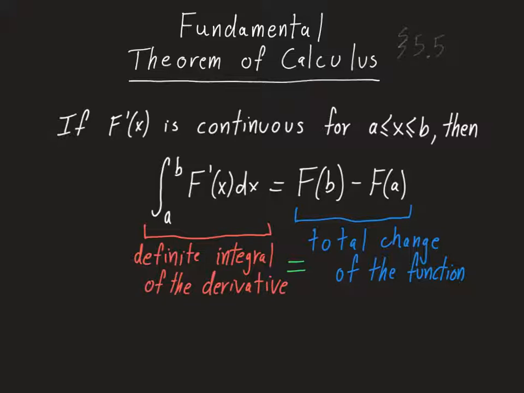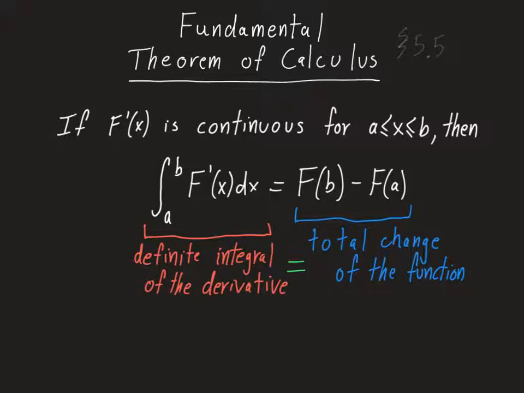And we'll be picking up where we left off last time, with the fundamental theorem of calculus from section 5.5 in the textbook. I've already written out here what the fundamental theorem of calculus says. It tells you, in math speak, that if f prime of x is continuous for all values of x between a and b, then the definite integral from a to b of this derivative f prime of x dx is equal to f of b, now that's the function itself, no longer the derivative, f of b minus f of a.